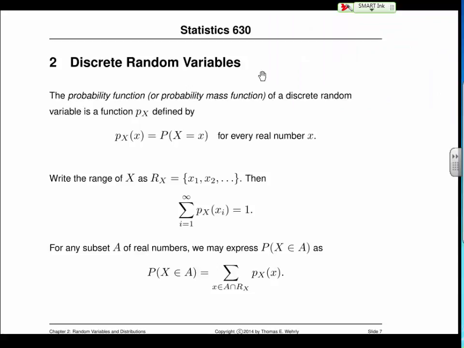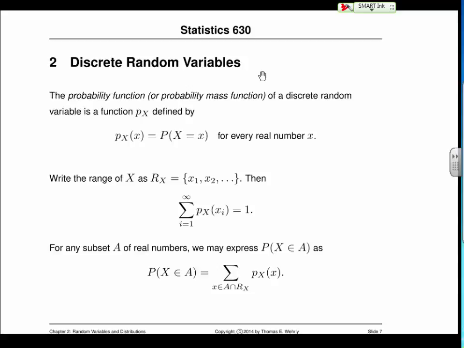Now what I found earlier was the probability of each different value of X. And that function is what we're going to be using in general, and so we'll call it a probability function, or I like to use probability mass function, which tells us that the different values in the range have a probability or a mass to each of them.